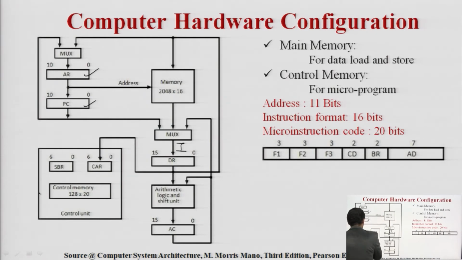The control memory takes care of all the instructions and operations, based on the subroutines, micro programs, and micro instructions written in it. Then the data comes here based on this address, and the execution is performed. Once the execution is done, it comes to the ALU for further work, and then is transferred to the accumulator, which is the AC, the register name.